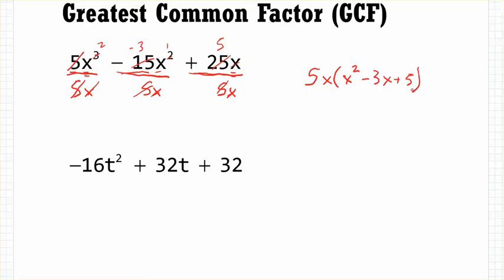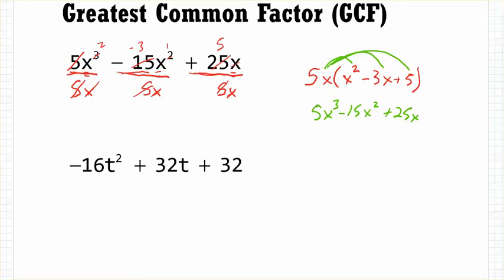Now the beauty of working with any sort of factoring is you can always check to see whether or not you have factored correctly if you just go through and multiply through. So we'll turn to green. If I take this 5x and multiply it through, we get 5x cubed, we add exponents when multiplying, minus 15x squared plus 25x.